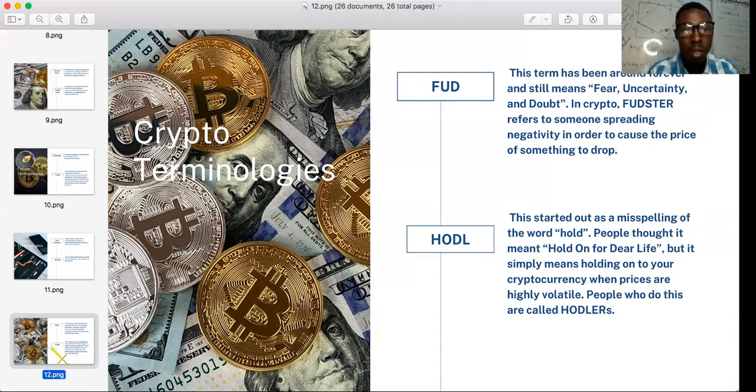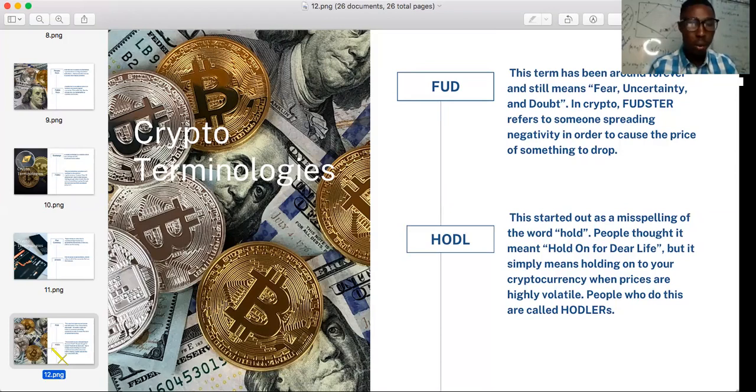Many times there's a rivalry between these two fans. So one might be spreading negative news so that most people can sell their coin and move on to the one they are supporting. So FUD is fear, uncertainty, and doubt. And most of the time when there's FUD, there's a reversal. The market goes down. When I say the market goes down, that means the price of the particular coin starts dropping.